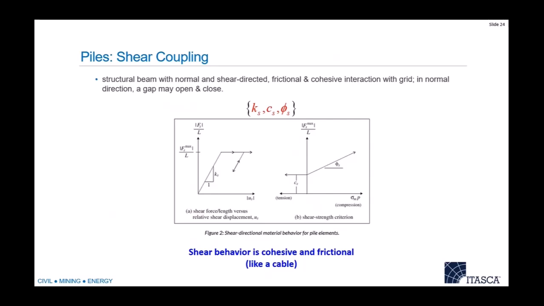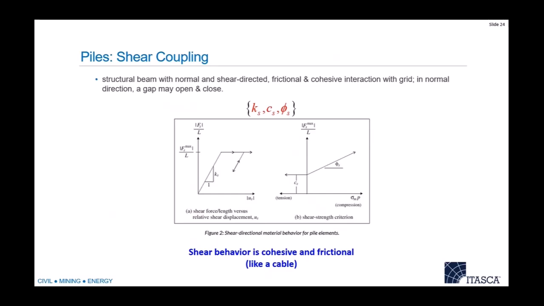So shear coupling for a pile: shear behavior is cohesive and frictional, like a cable. What I'm showing here is basically just the shear strength criterion.